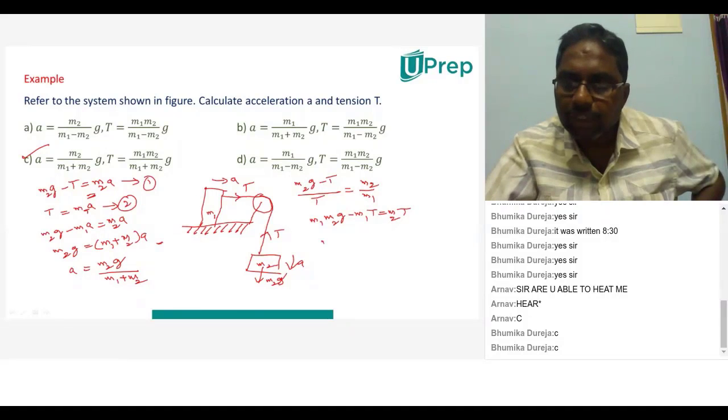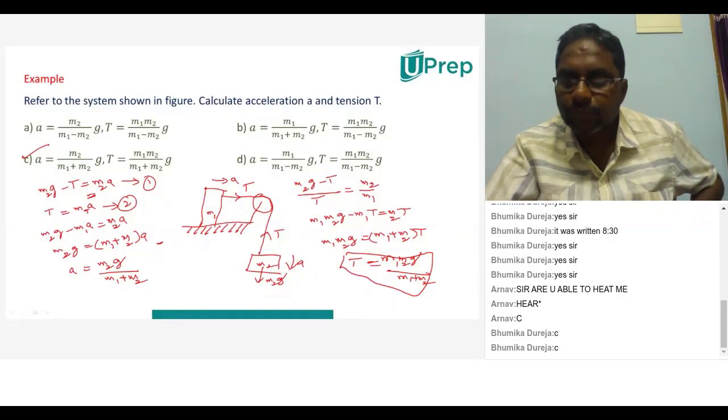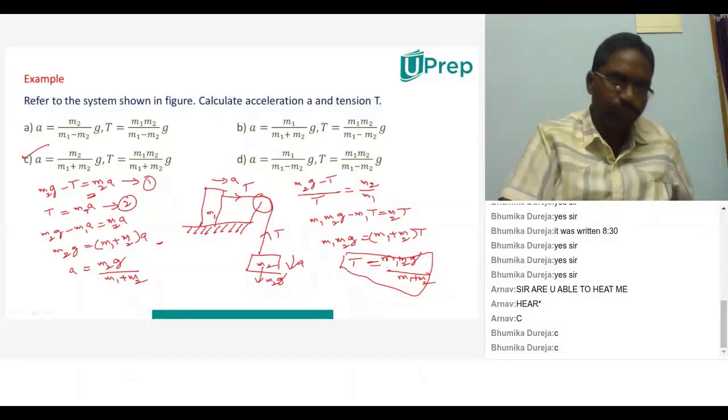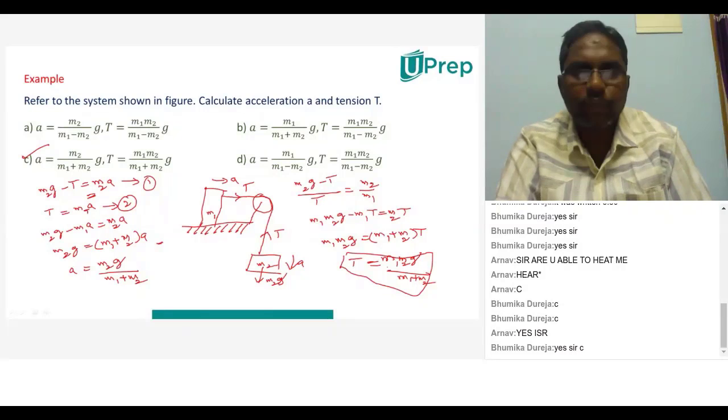Now M1M2G is equal to (M1 plus M2) common T. Now T is equal to M1M2G by M1 plus M2. Now see the right option or not? Right. So in this way you have to find.